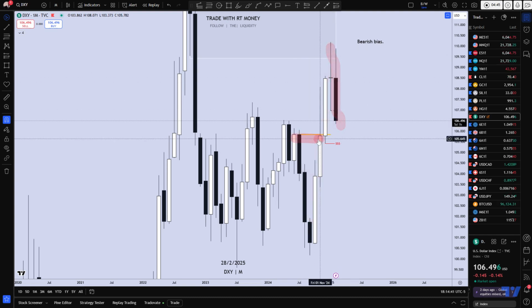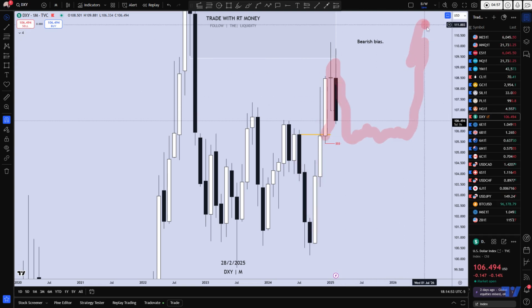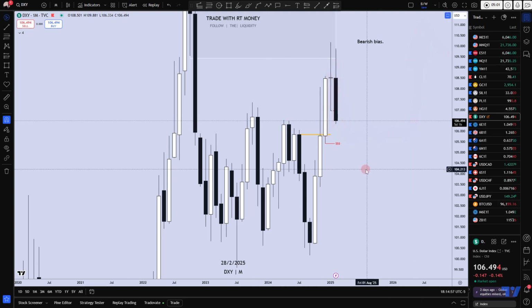When price sees this area of fair value where sellers and buyers participated in the market, when it pushes away from these areas and comes back to it, it usually finds those areas to be very supportive for higher prices, usually. Sometimes it'll crash right through it. We might see that this time.